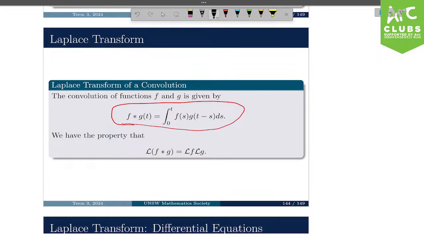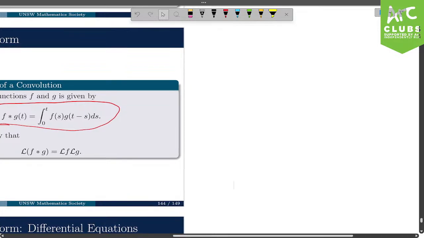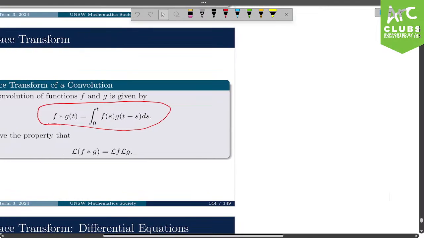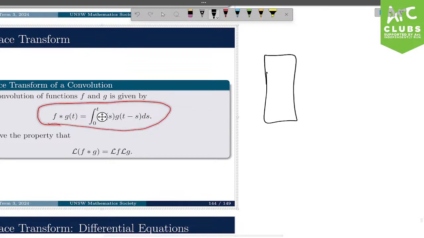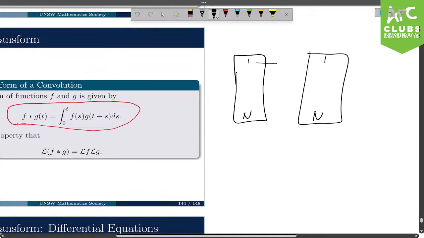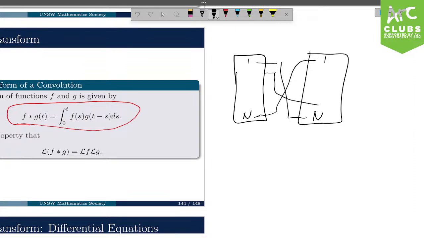Basically, we recognize convolution as something we typically used in probability, if you took that last term. Basically, it goes ahead and it says, if I have two lists, labeled 1 to n, 1 to n, then you take them from alternating sides and you just add them together.